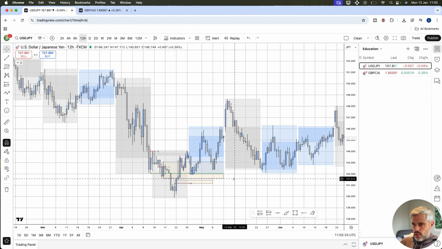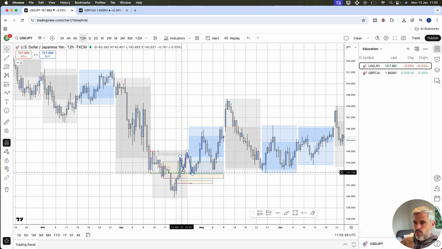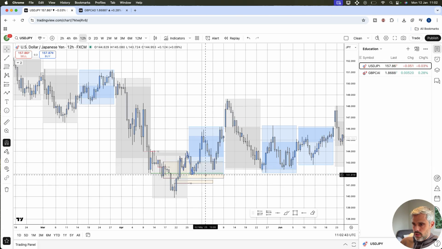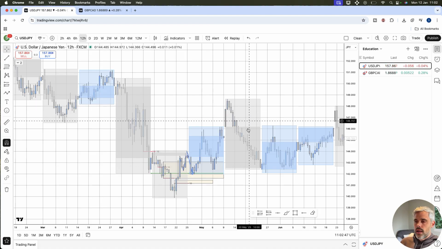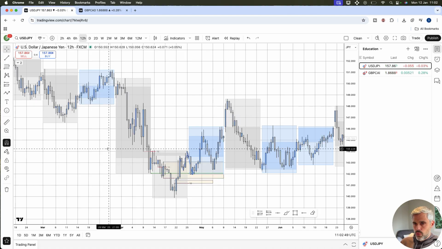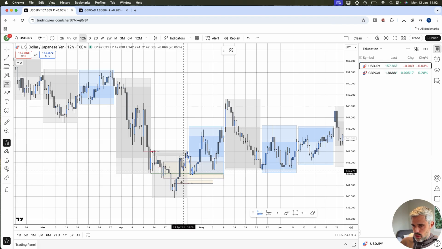But what breaker blocks give you in a lot of instances is a larger area with less need for accuracy to still take advantage of those swings. So you can play with this, and we can talk about this in a bit more detail.